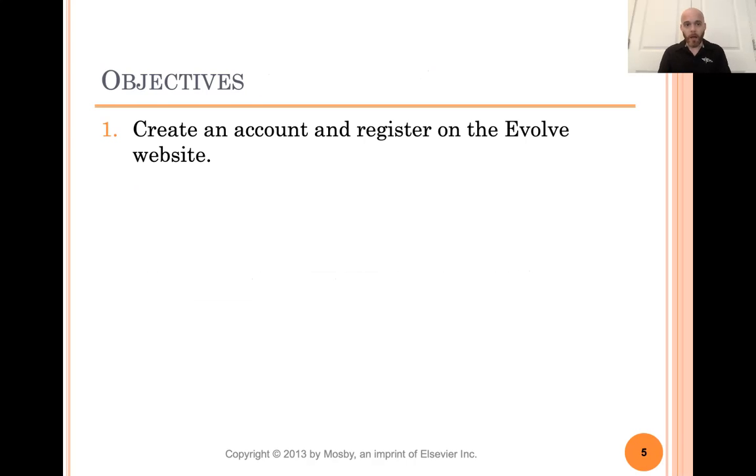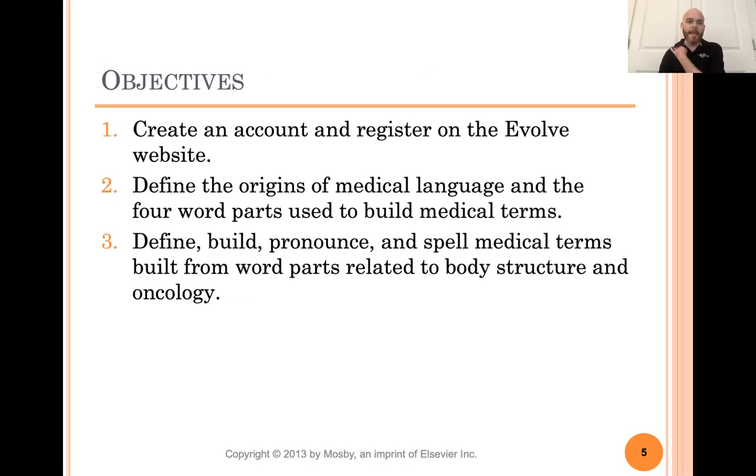Okay. So objectives of today, what you get out of lesson 1, besides listening to my wonderful presentation full of wonderful information, and I know I'm so entertaining. But I do want you to take advantage of the online resources that you have for your textbook.